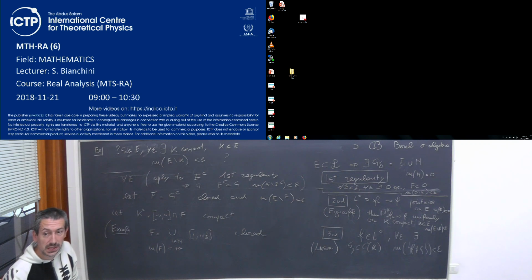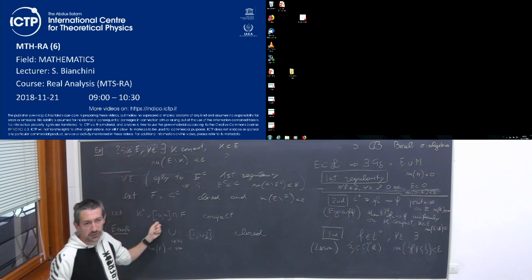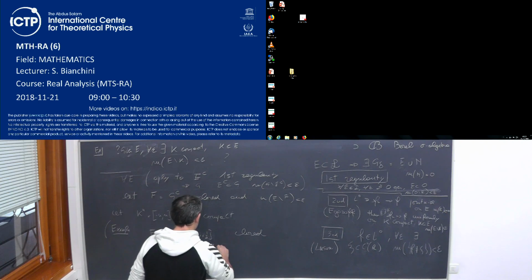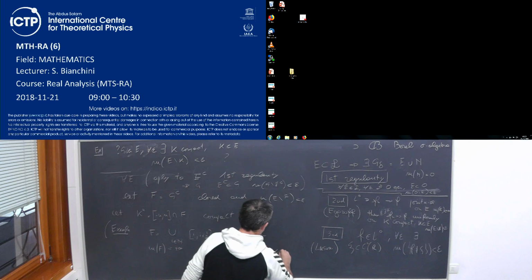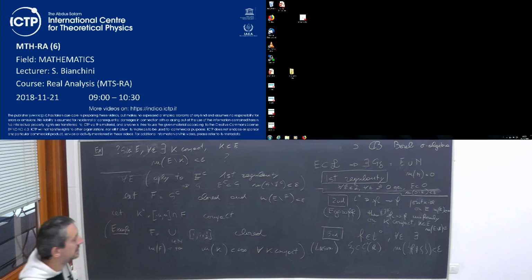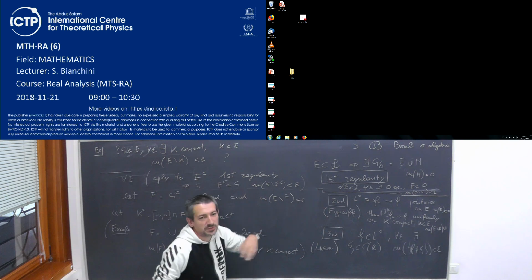No, because it is contained in a bounded interval at some point. So can I approximate F? So does there exist a compact set which approximates F, up to a set of small measure?